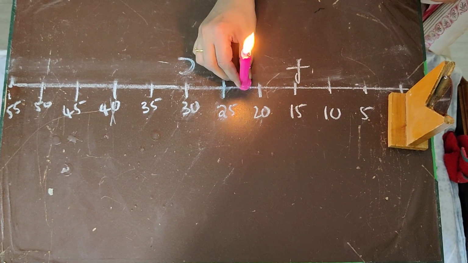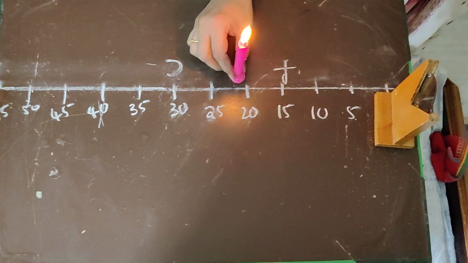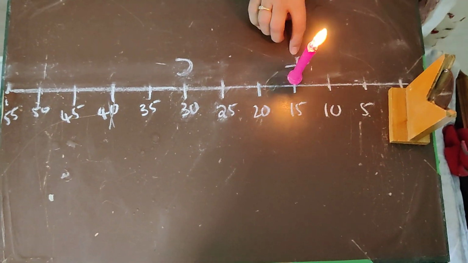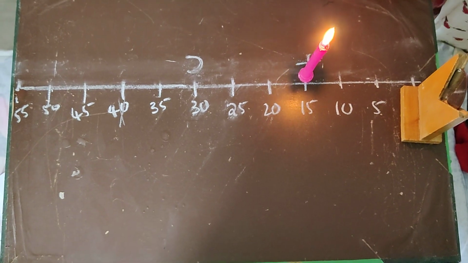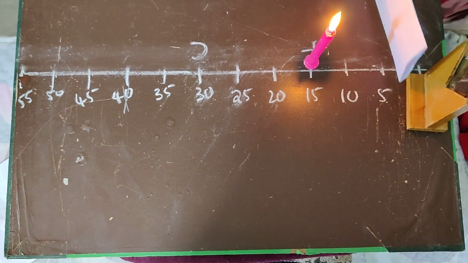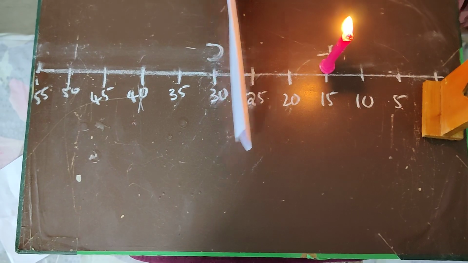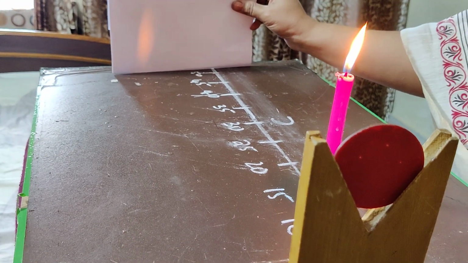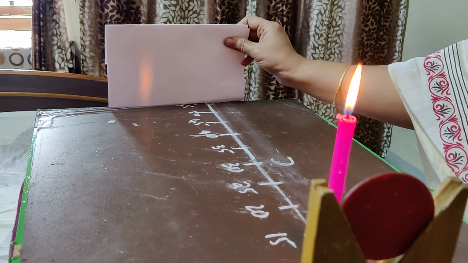From 22 centimeters, if I place this candle at 15 centimeters, means at the focus point, and where we get the image. So just adjust the screen and show the image of the flame at a distance of 55.